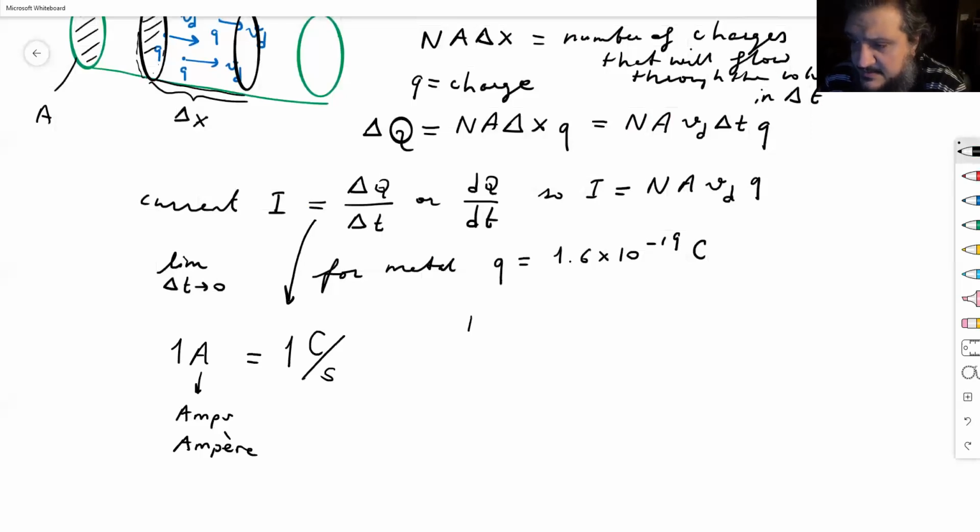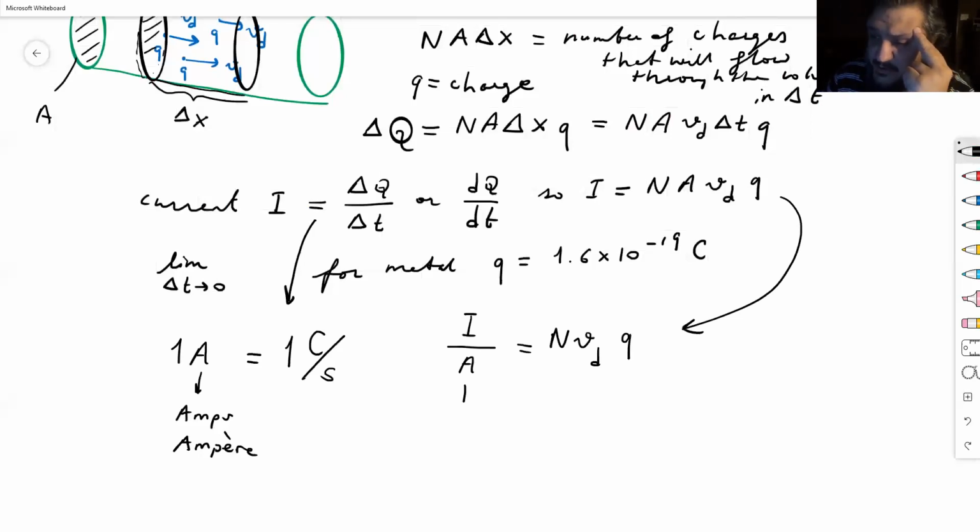What if you take this current and divide by A? Then you will get n v_d q. We call this current density. It's like an area density, right?